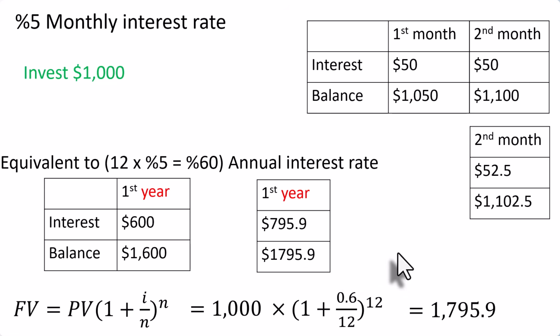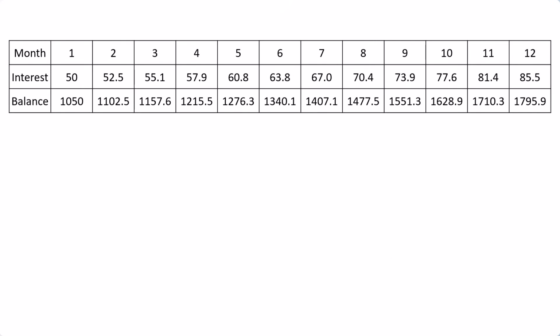To simplify this calculation and to explain what's actually going on, we can actually do this in Excel. So right here, I have a table which shows 12 months. And for each month, at the end of each month, I've noted the interest and my balance at the end of each month.